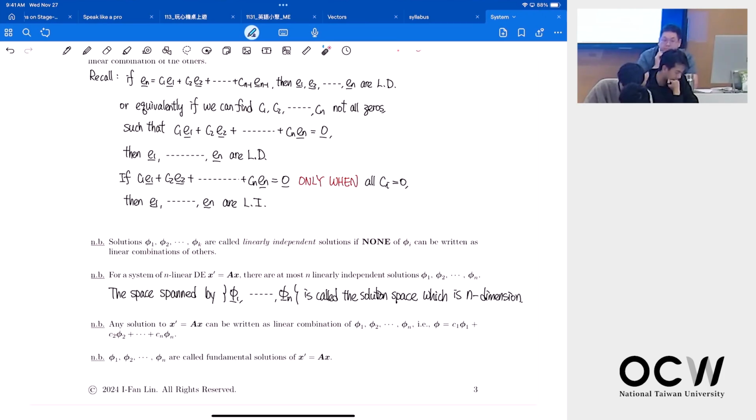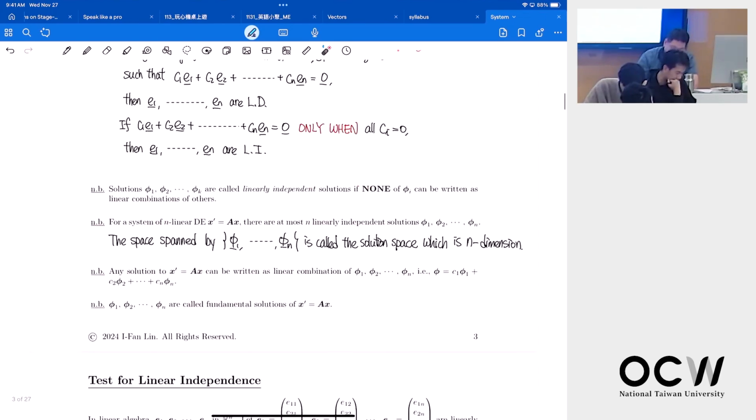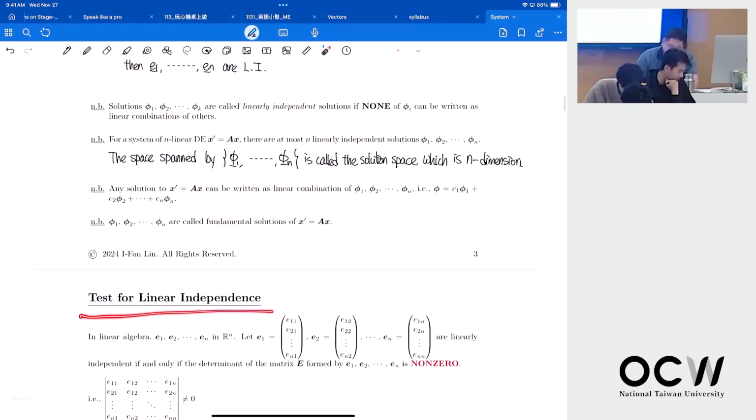Right? So first, if we want to know they are independent, then we have a test, the test for linear independence. Remember that in the beginning of this semester, we also learned that to test for linear independence, there's a Wronskian test, right?